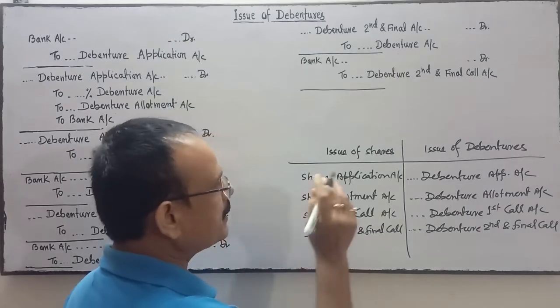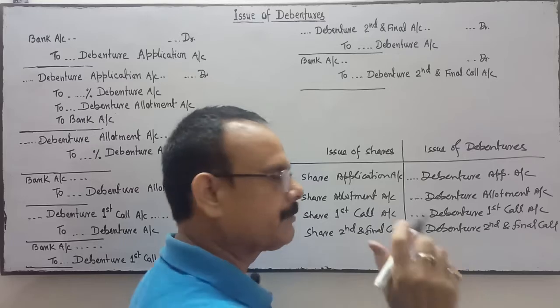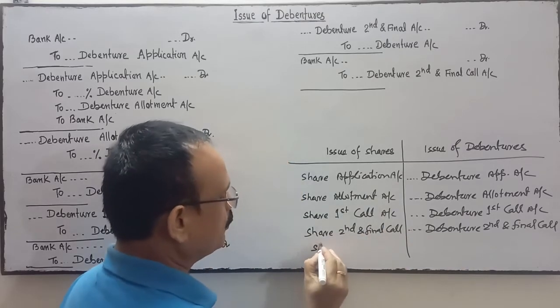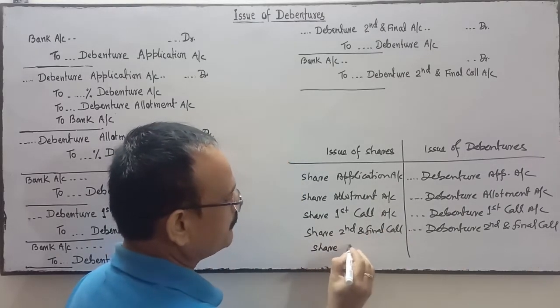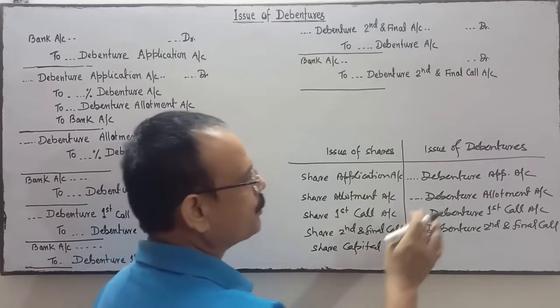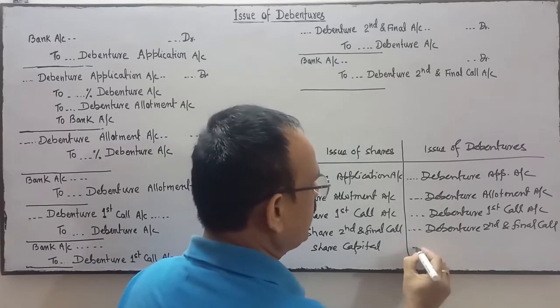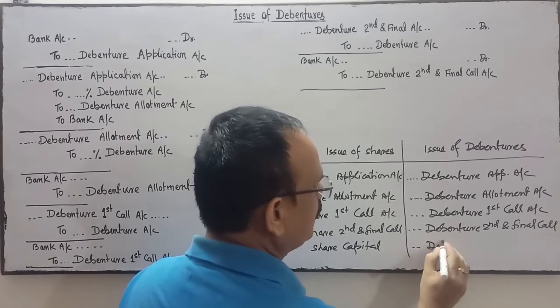When we transfer the share application, share allotment, share first call or share second and final call to share capital, we will write share capital. When we transfer these to the debenture account, then we will write debenture account.